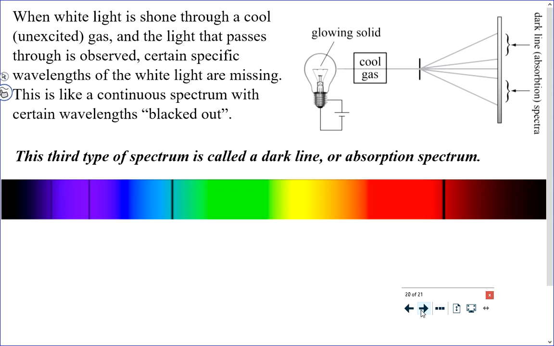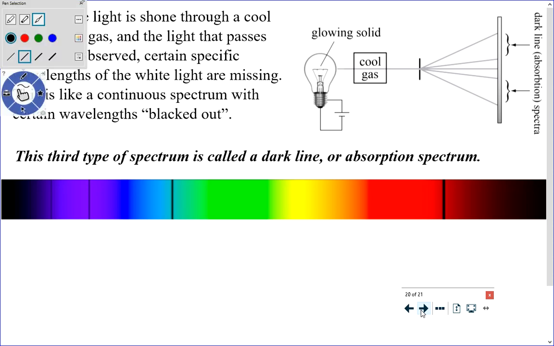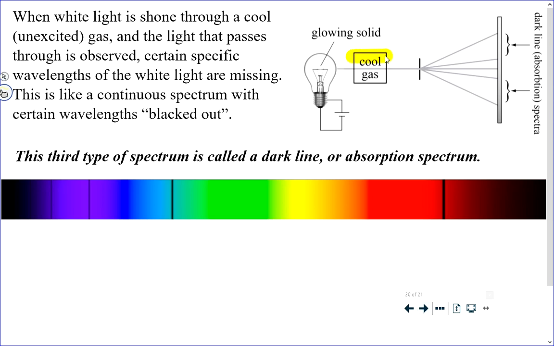But if the light that's leaving that light bulb is allowed to pass through a cool gas, so the light is leaving the light bulb, but it's passing through a gas that's cool, which means it's at a low temperature, what happens is that continuous spectrum of light hitting the cool gas goes through the gas, but the gas removes some wavelengths, some colors.